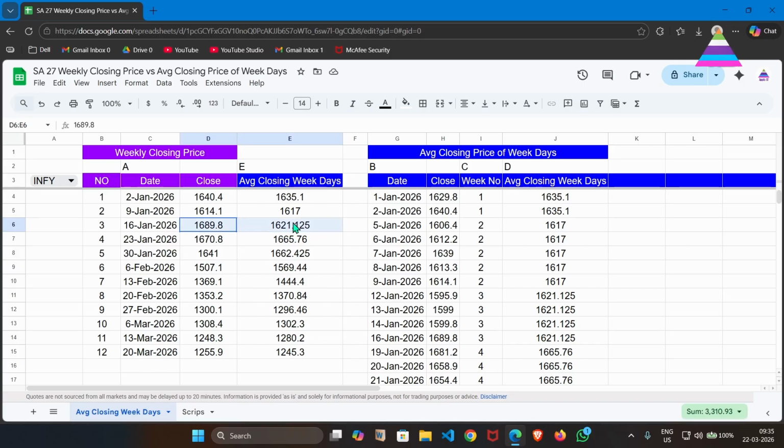For this particular scenario, on 16th January the price was 1689, whereas on the previous day it was 1599. So there is a difference of around 100 rupees. If we compare these two, we can get some insight that something happened during this week. So by having the weekly closing price and average closing price of weekdays, we can do some stock analysis.